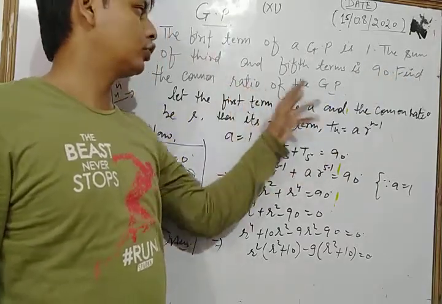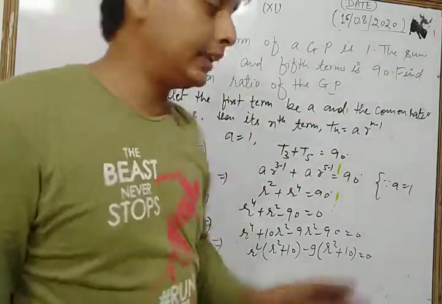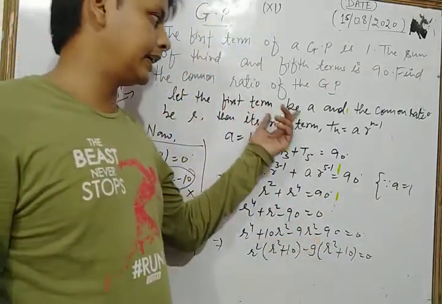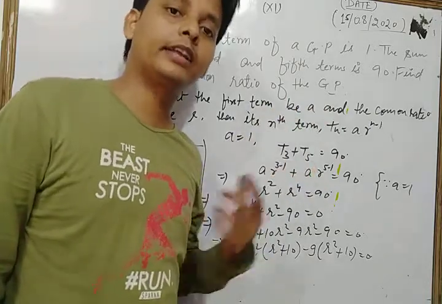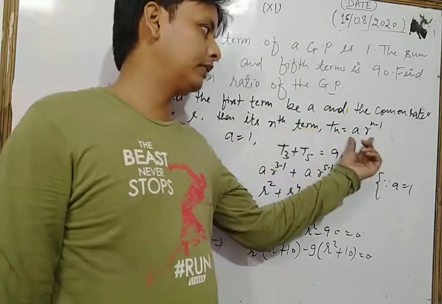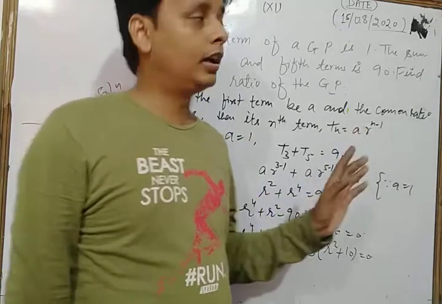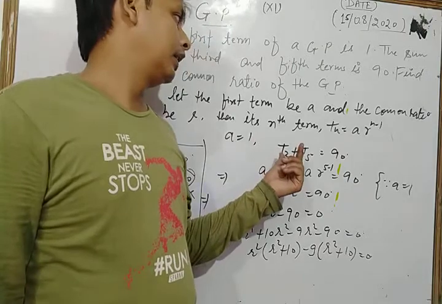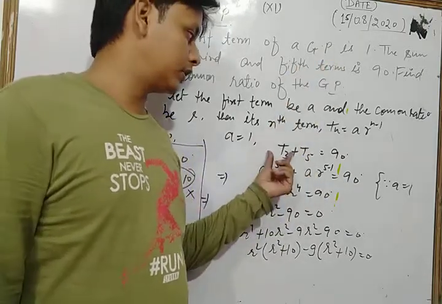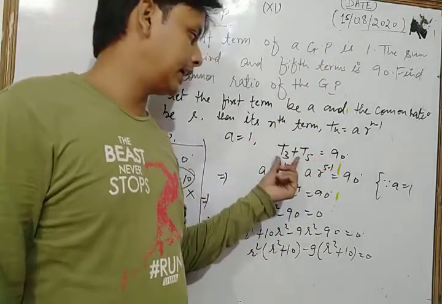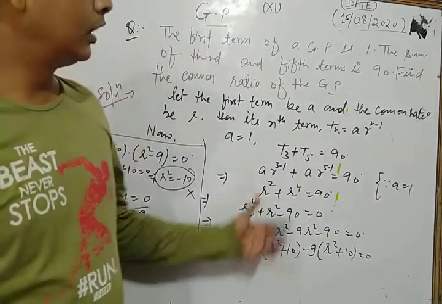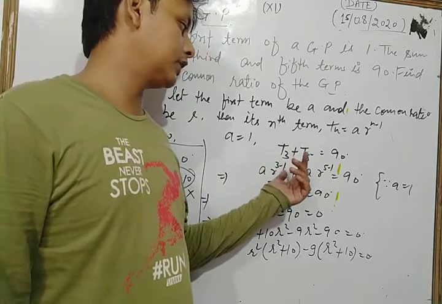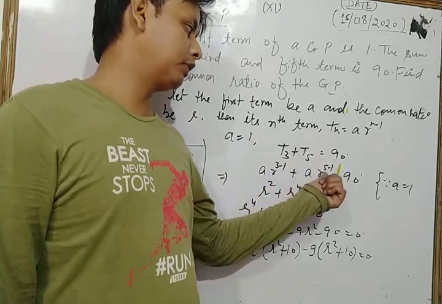Find the common ratio. In this type of word-based question, you take the first term as A and the common ratio as R, then its nth term will always be AR to the power n minus 1. According to the statement, T3 plus T5 is equal to 90, where the third term is AR to the power 3 minus 1 and the fifth term is AR to the power 5 minus 1.